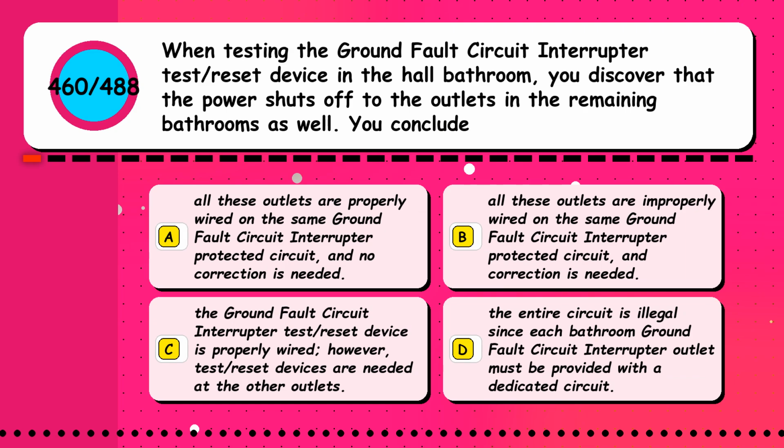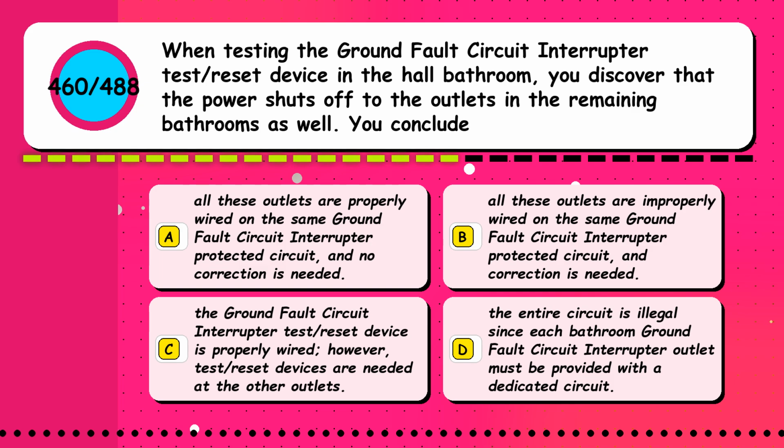Question 460. When testing the ground fault circuit interrupter test/reset device in the hall bathroom, you discover that the power shuts off to the outlets in the remaining bathrooms as well. You conclude: option A, all these outlets are properly wired on the same ground fault circuit interrupter protected circuit, and no correction is needed. Option B, all these outlets are improperly wired on the same protected circuit, and correction is needed.